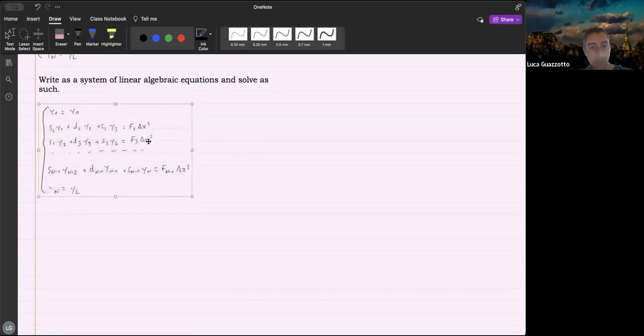Okay, let's give myself a little bit more space. And the other thing that I can do is say, well, I know y1. y1 is equal to y0. So why not I just replace y1 in there? Then if I do that, I'm not going to write this equation, and I'm going to do the same thing for yn.